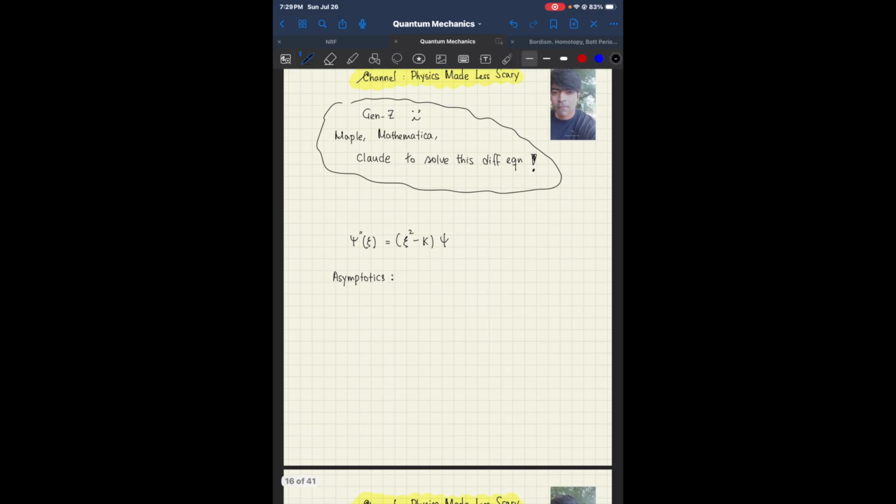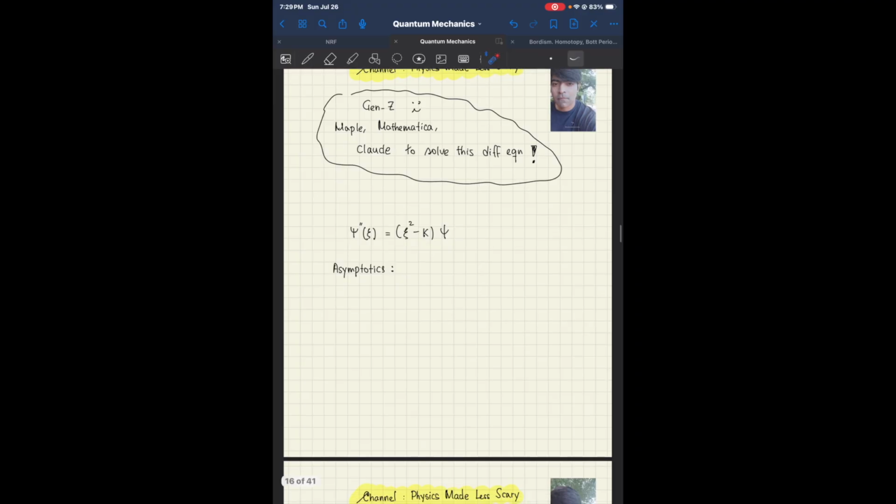Right. So by asymptotics, I simply mean, let's look at how this equation will behave. For example, say if this is much smaller than k, or if this is much bigger than k. So the strategy is, if xi square is much bigger than k, then maybe you can ignore k for the time being, right?